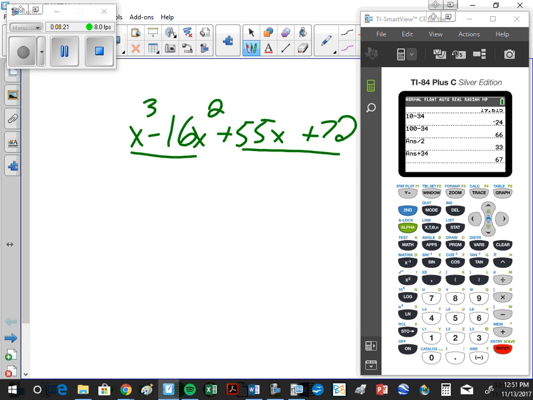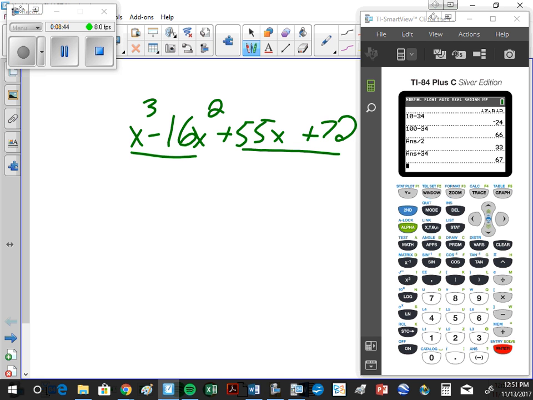No. And grouping only works if you pull stuff out of both of them and the leftovers match. So we have to use what is called the rational root theorem. The rational root theorem gives us hints on what numbers we should guess. And the rational roots come from the factors of the constant.